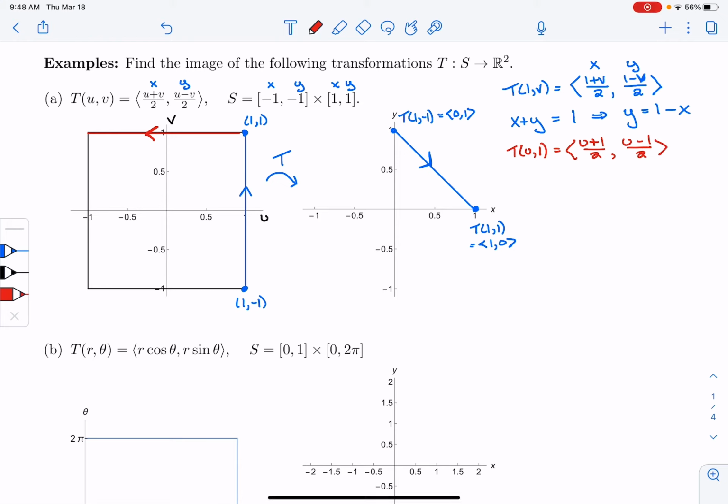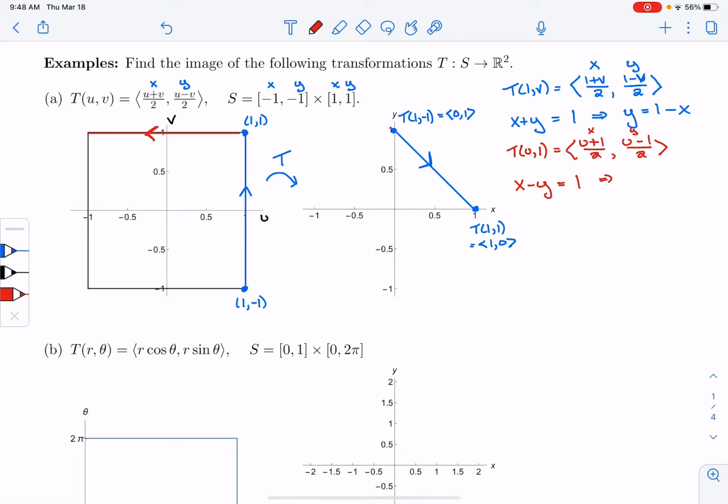And then I will notice that if I take x and subtract y, then that will make the u's cancel. So if I do x minus y, the u's will cancel, and what I'm left with is going to be 2 over 2, or 1.